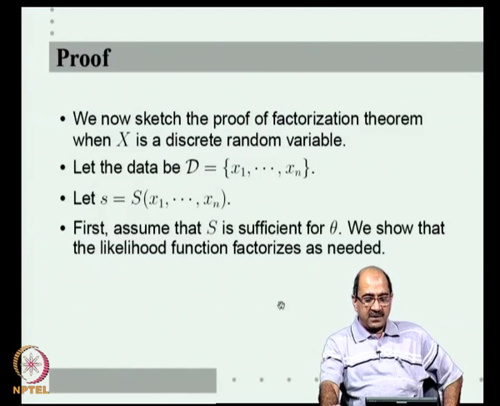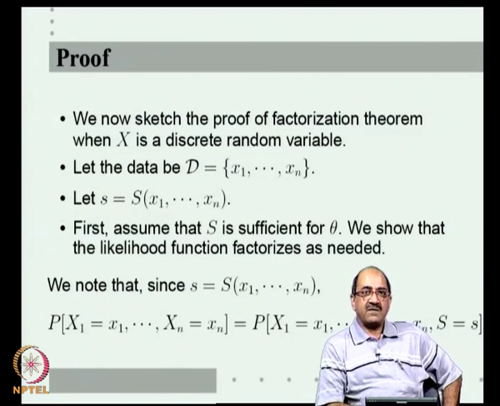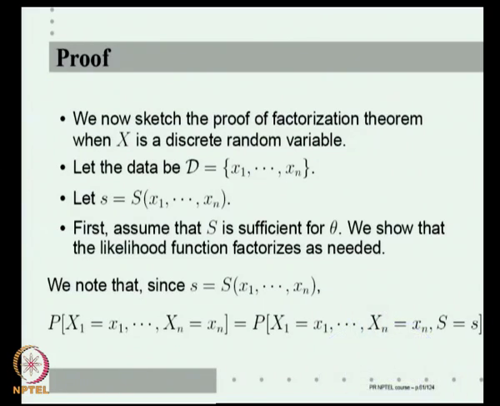Okay? Because we are considering discrete random variables, the density is actually the mass function, nothing but probabilities, joint probabilities. Since little s is equal to S applied on x1 to xn, probability X1 equal to x1, Xn equal to xn is the same as probability X1 equal to x1, Xn equal to xn, S equal to s. This is what we already used in the example, but it is good to remember this, because S is some function of x1 to xn.